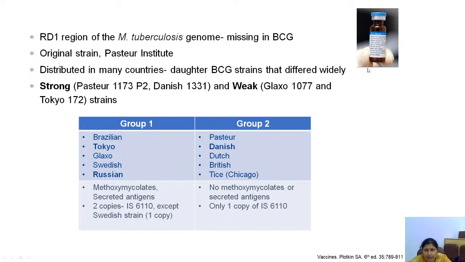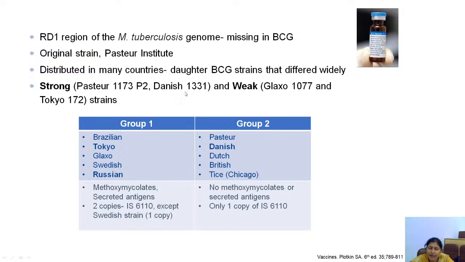This is the vaccine vial, which is reconstituted with distilled water just before the inoculation. It was originally made at the Pasteur Institute and gradually distributed to many countries.